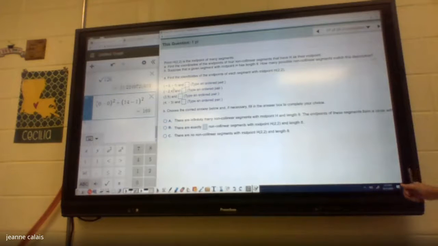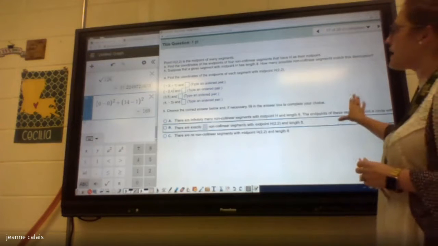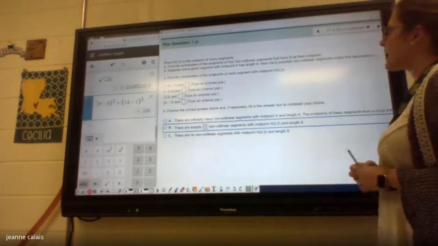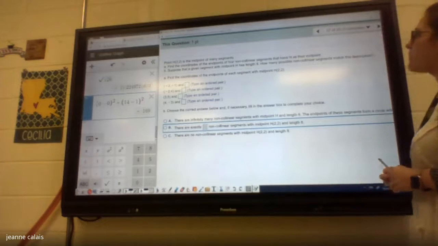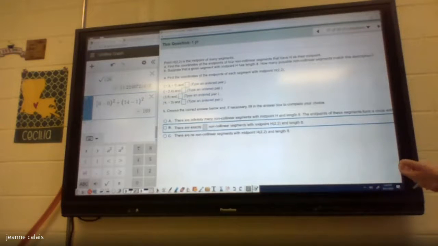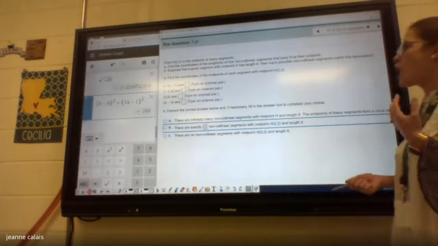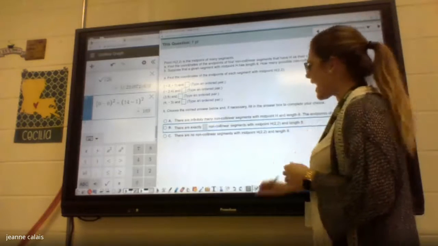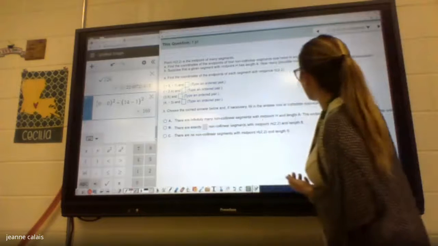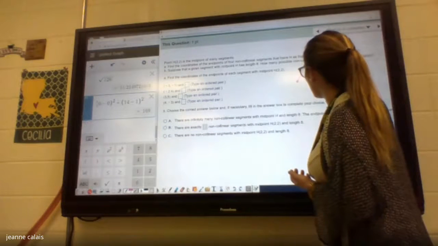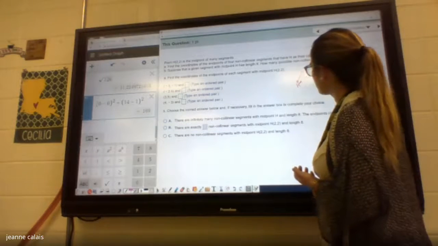Part B says, suppose that a given segment with midpoint H has a length of 8. How many possible non-collinear segments match this description? Well, okay, so you have H, all right?